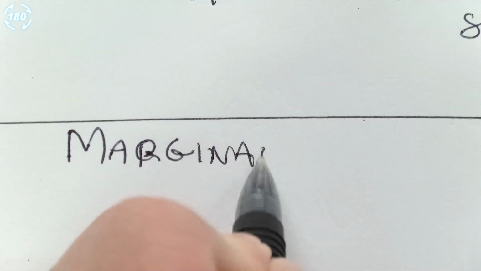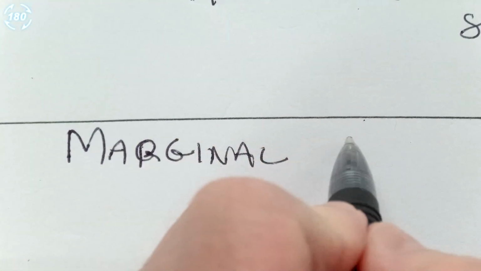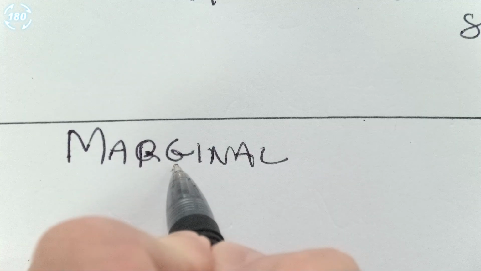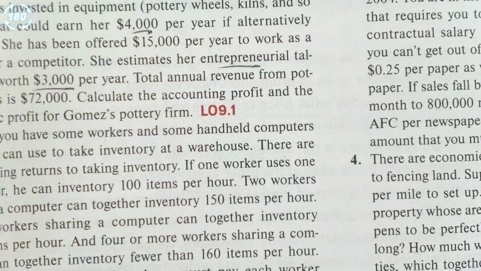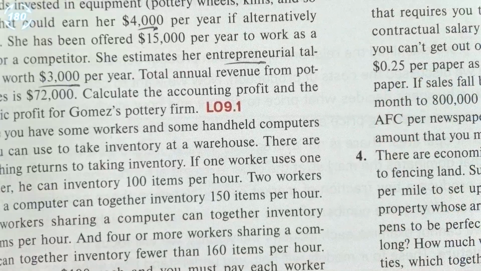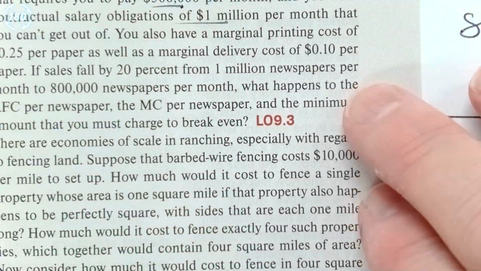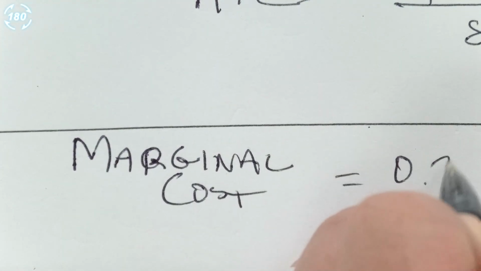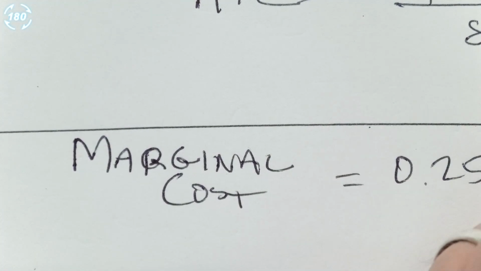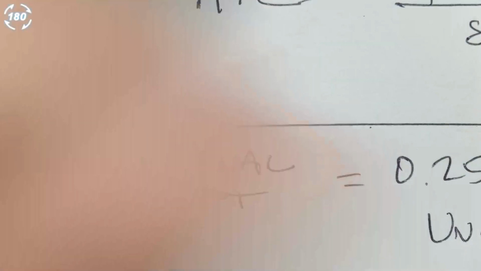It's axle grease. Don't eat the stuff. Marginal cost per paper is going to be unchanged. And what is it? It's 25 and 10 cents, so 35 cents a paper, and that's unchanged.